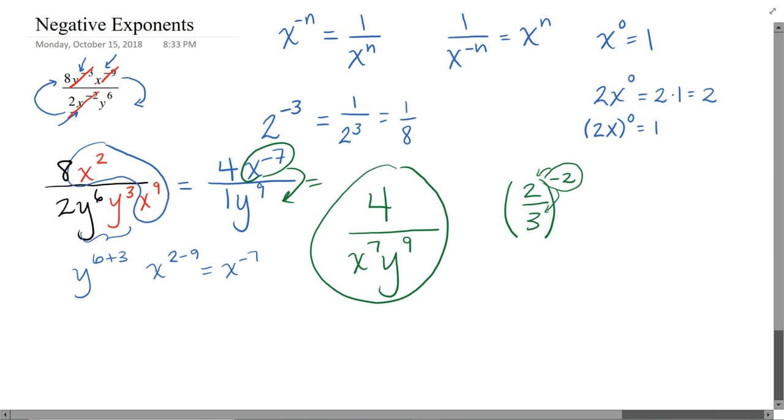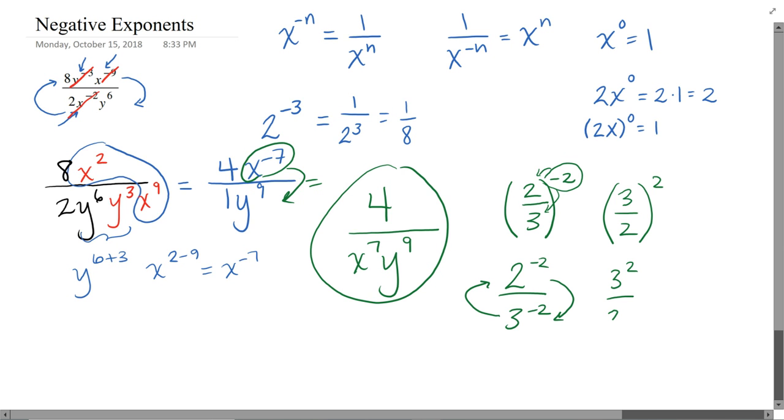Or the other is that I can use the reciprocal idea, relocating the 3 and the 2 and making that exponent positive. Because if I have 2 to the negative 2 over 3 to the negative 2, that means that the 3 is going to go into the numerator to become positive, and 2 is going to go into the denominator to become positive, which is the same thing as 3 over 2 squared.